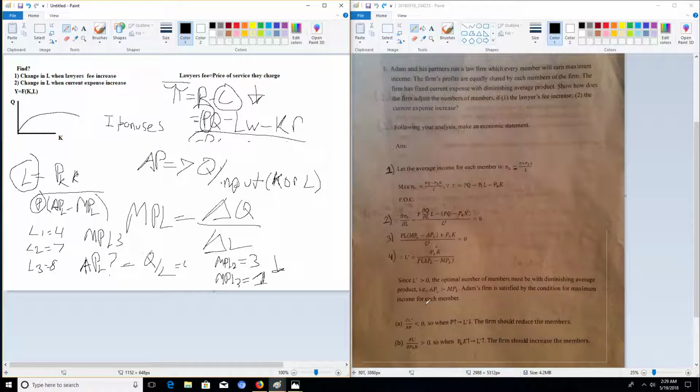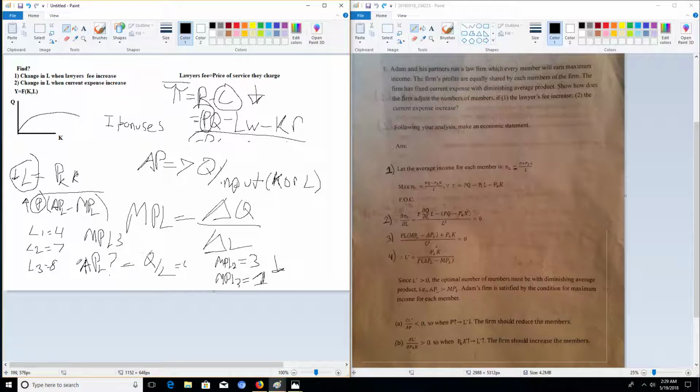If this price here rises, the denominator rises, which causes the value of this fraction to fall, and so L falls. So obviously the derivative is going to be less than 0. When P increases, L falls, and the firm should reduce the number of workers.